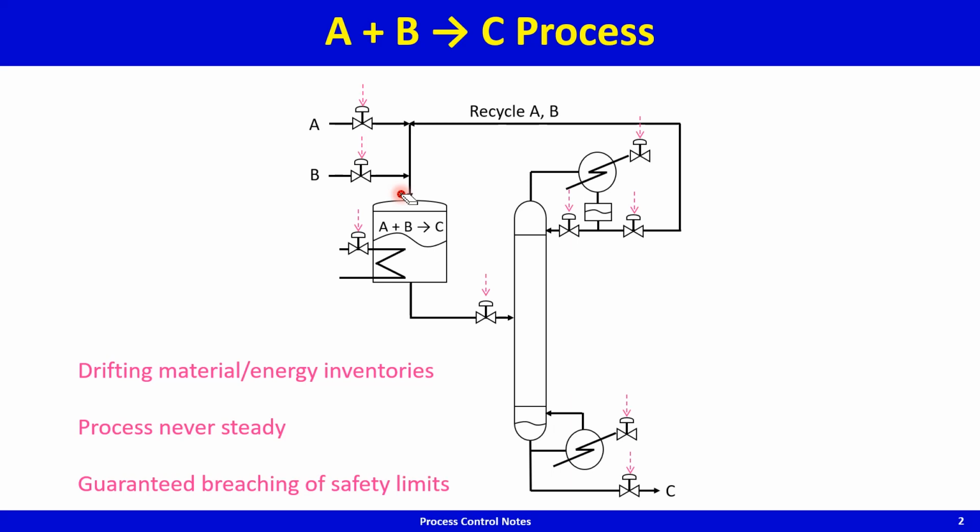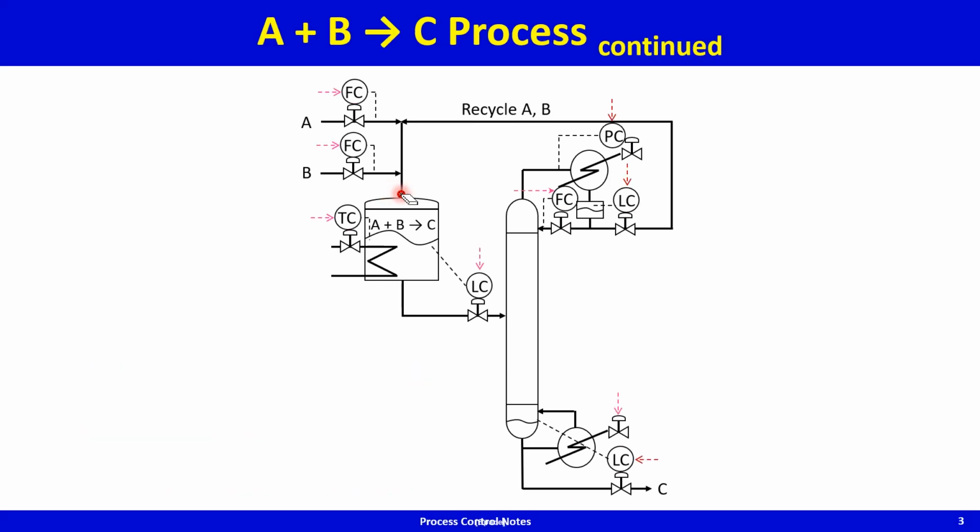So you say, okay, let's put in a control system on it. So here's a control system that has been put in. You have flow control for B, flow control for A. Reactor cooling duty is manipulated to hold the reactor temperature. Reactor level is controlled by manipulating the reactor effluent.